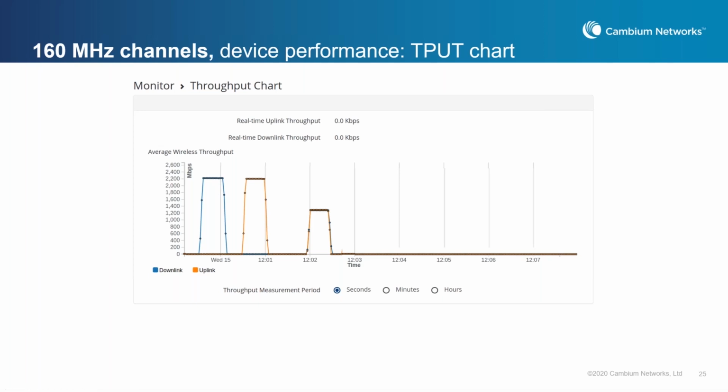So this is quite revolutionary, I would say. And the link that we saw yesterday at a couple of miles hitting about a gig in each direction starts to show the potential for 6 gig to give that really, really high performance to your subscriber modules.